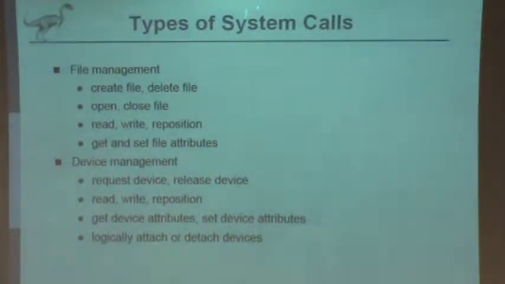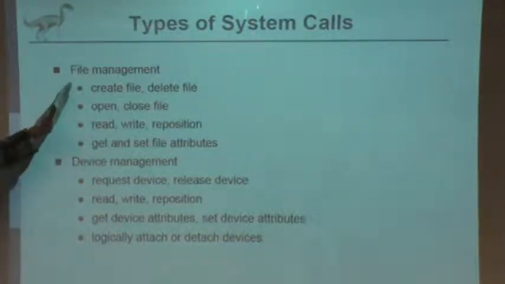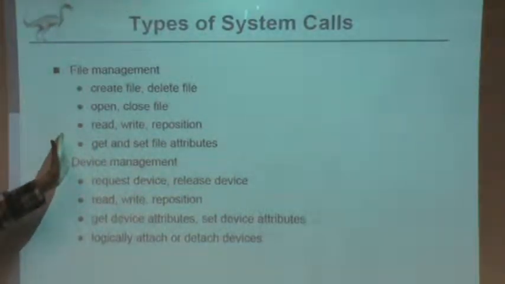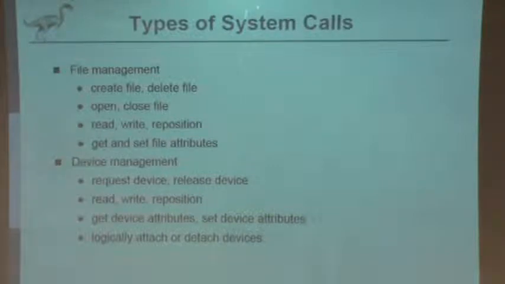Another group of system calls is file management, like create file and delete file, but they are simplified by the programming API. So you don't have to worry too much about system calls, but you had better know whether such system calls are used in your API or not.